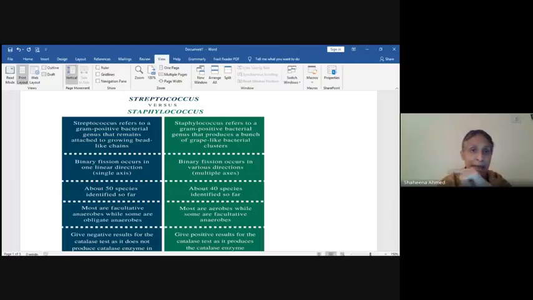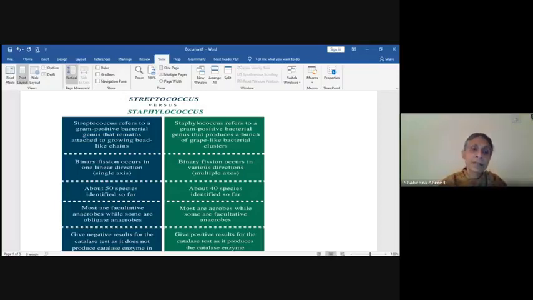They just divide in one plane. So when they divide in one plane, the daughter cells are formed in a line, so they form chains. But staphylococci divide in multiple planes, so there is a cluster of cells. So that is why the staph have a grape-like appearance, whereas the streptococci are found in long chains.